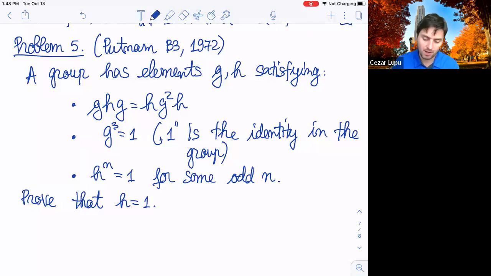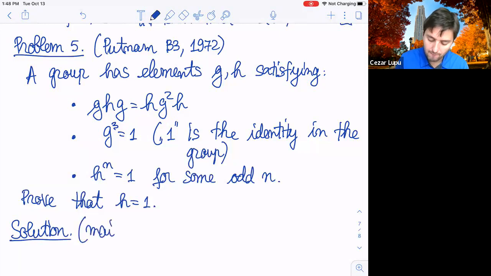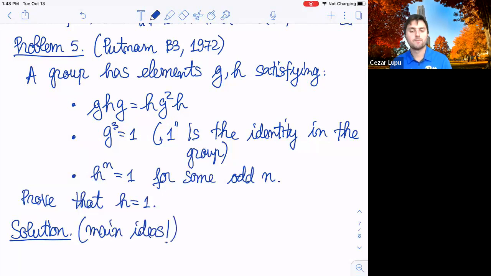Let me just give you the main ideas, and I'll leave this to you as an exercise. Because indeed it has some idea. When you look at the first condition, this should ring a bell a bit. Maybe you should prove some kind of commutativity between G and H squared or G squared and H.